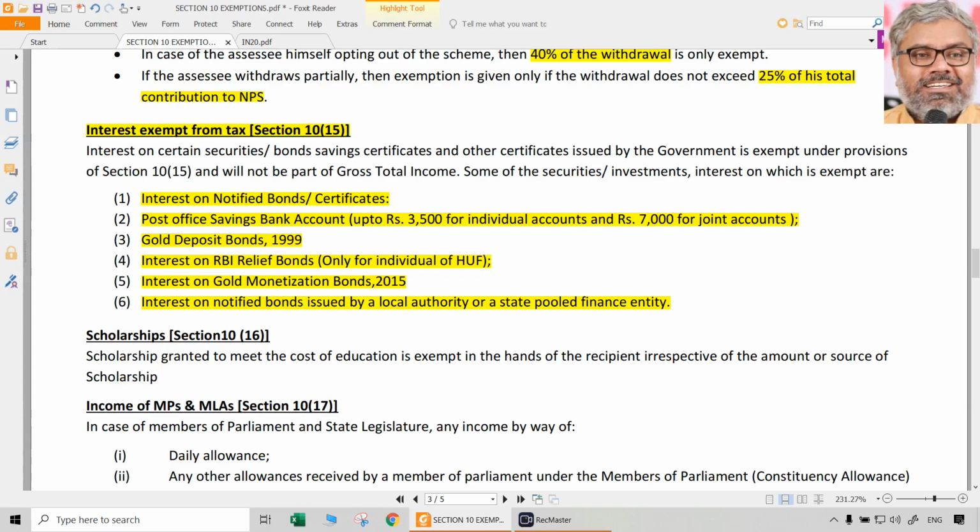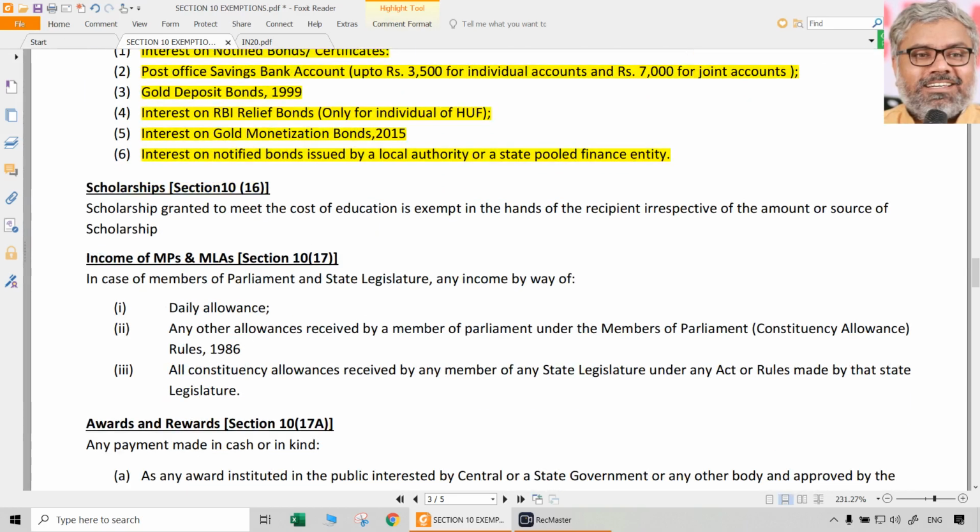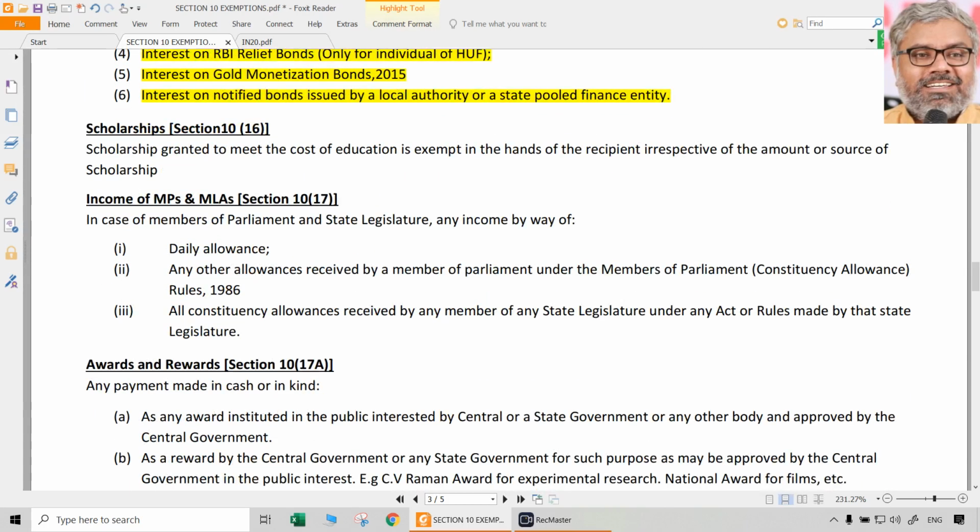For examination purposes, if you remember generally notified, RBI relief, gold monetization, those are enough. But for exam purposes, calculation purposes, problem-wise, savings bank account interest exempt up to 3,500 or 7,000 should be remembered. For that purpose, you have to remember section number 10(15) also. That's an important section, particularly for that post office interest on savings bank account of post office.